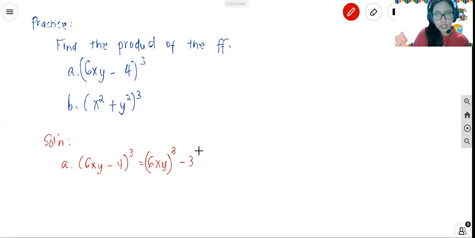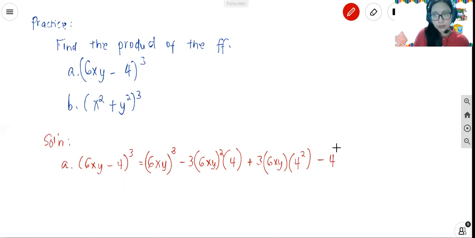So minus 3 times the square of the first times the last, plus 3 times the first and the square of the last, minus the cube of the last. So let's have 6 cubed, that is 36 times 6, and that is what?